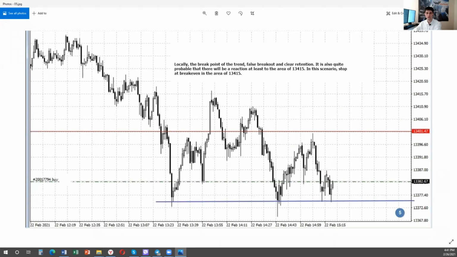Let's look at picture 5. Here you see the 1-minute chart. On the 1-minute chart, the situation becomes even more readable and absolutely clear: holding at 13,375, a false breakout, and again holding cent in cent.